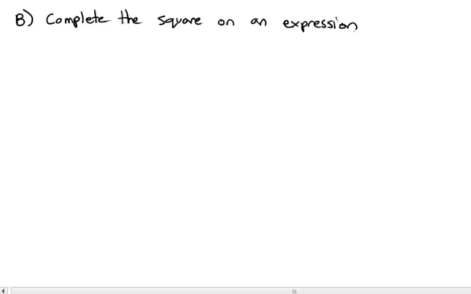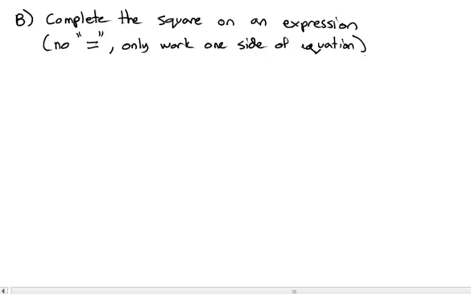And the difference between an expression and an equation is with an expression there is no equals, which means we can only work one side of the equation, which means we're going to have to tweak this process a little bit. Same problem again, 3x squared plus 18x plus 12, but this time it's not equal to anything. It's just an expression that stands alone. So there's no solving. We'll never know what x equals.